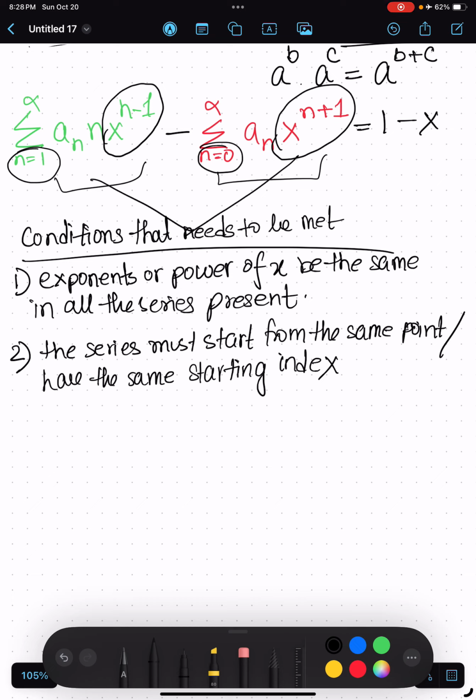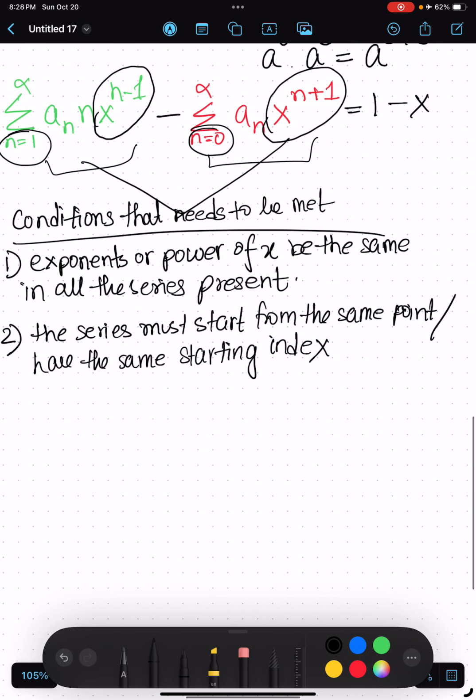So now we have to do some manipulations to make sure that these two conditions have been met. So let's work on the first condition, where it says that the exponents or power of x have to be the same in both of the series. Now, what power of x do I choose?